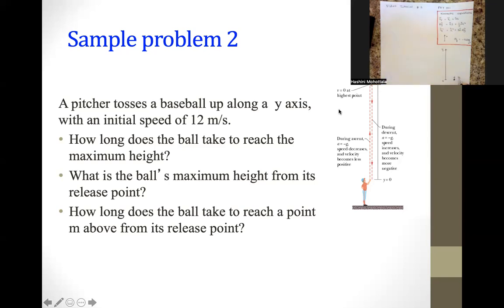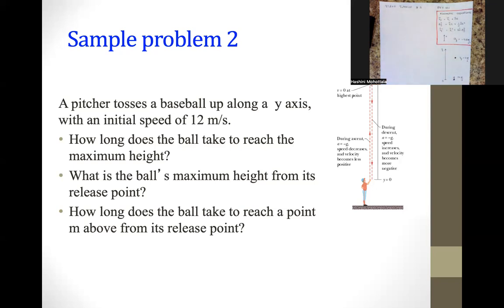The question asks, how long does the ball take to reach the maximum height? So I just mark a point and I call this the maximum height. And we all know at the maximum, final velocity equals 0. If it is not 0, then you can't actually call that point the maximum, right?